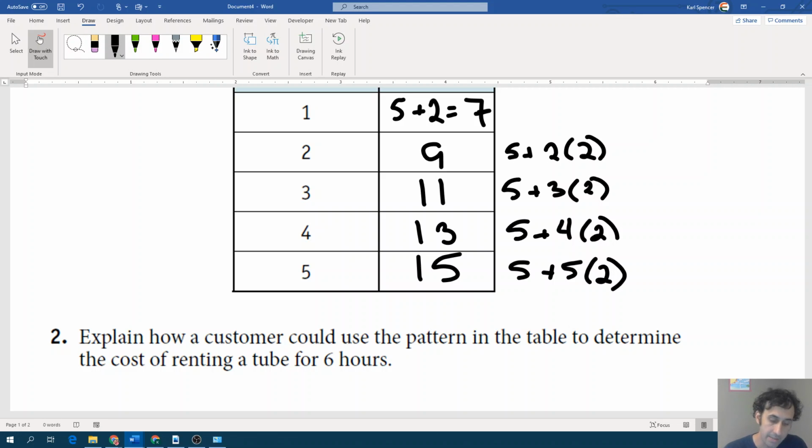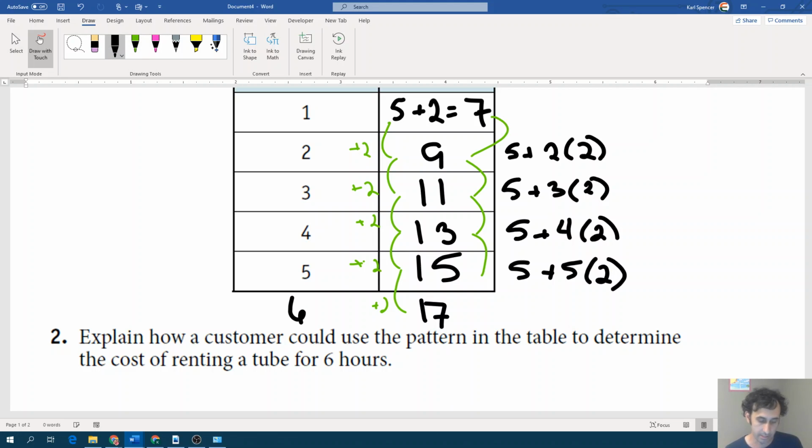Now, hopefully, as we were doing these, you saw every time we went down, what was that increase in value? Well, every time we went down the problem, it went up by 2, went up by 2, went up by 2. Every time it went up by 2. So you could then correctly assume that if we went to that 6th hour it would indeed cost $17.